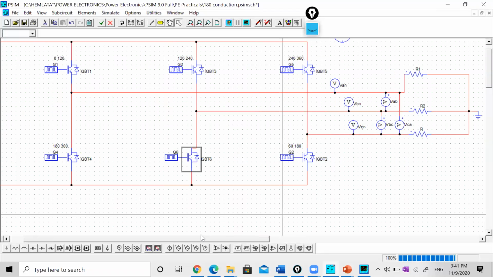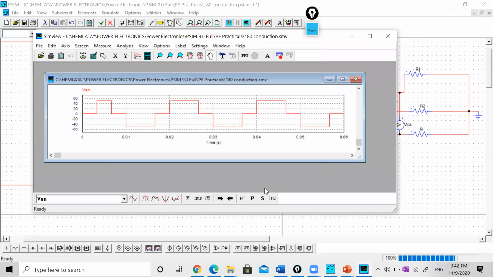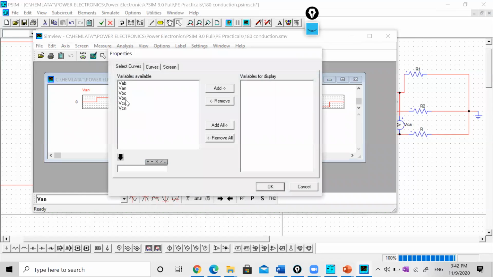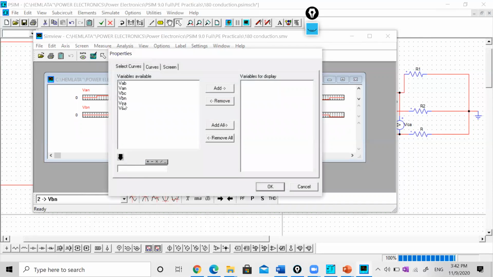Again we will run the same circuit. This is a 3-phase voltage source converter. I will first find out VAN. Here, this is VAN, then VBN, and then VCN.